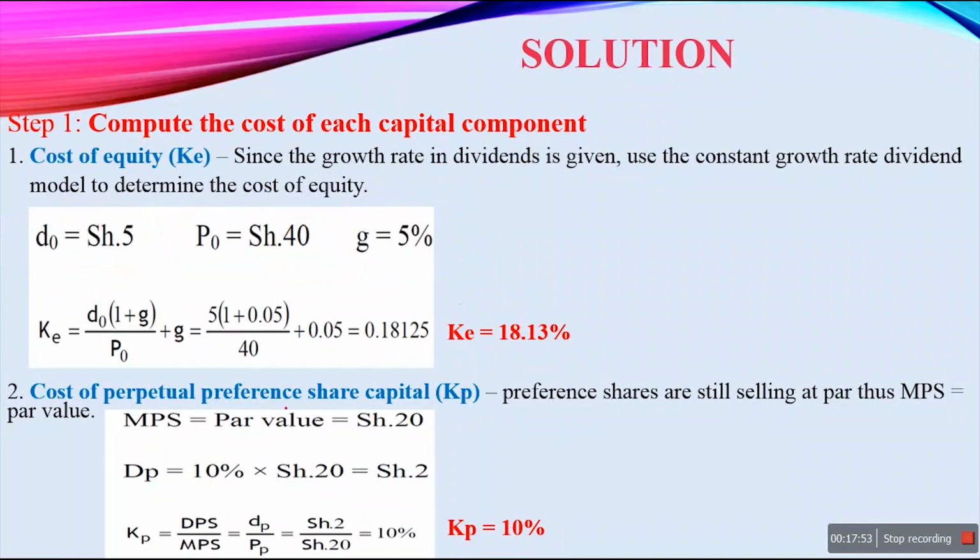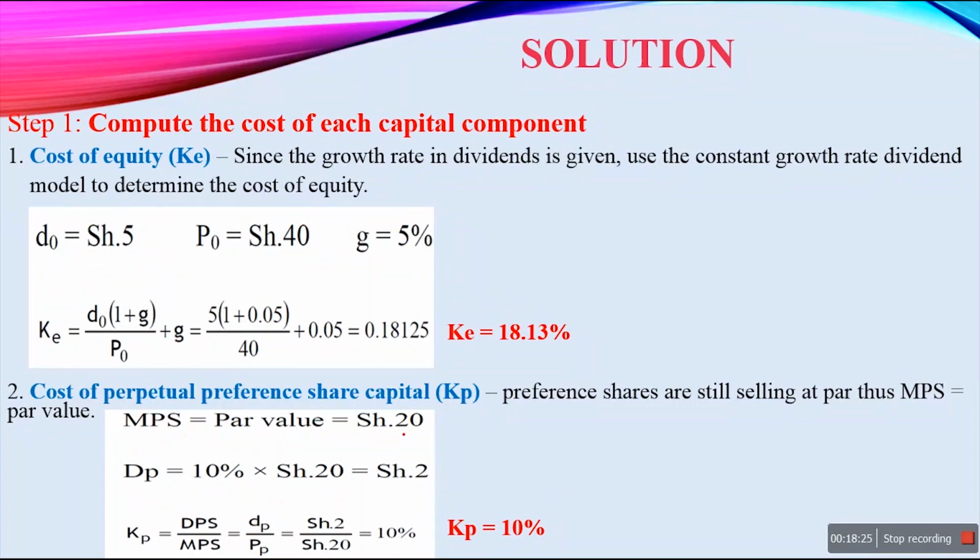The cost of perpetual preference capital: we saw that the cost of preference shares is given by DP divided by PP, whereby DP is the dividend per perpetual preference share divided by the current market price of each preference share, which is given by PP. In this case, the preference shares are still selling at par, which means they are still selling at the same price at which they were issued.